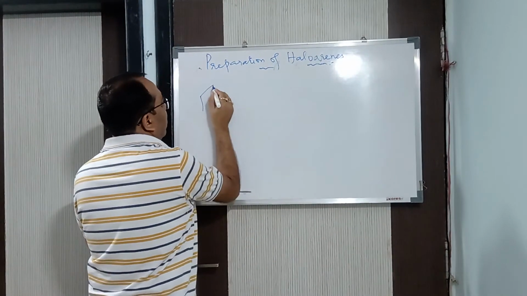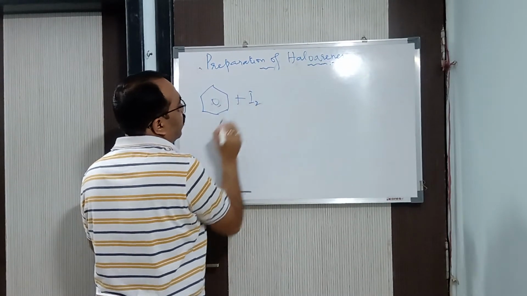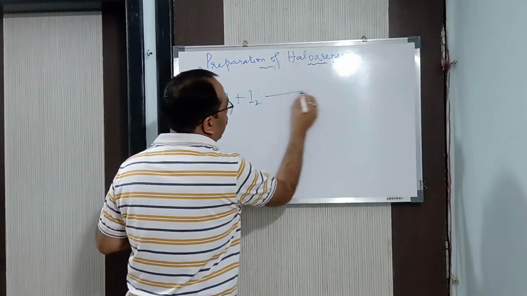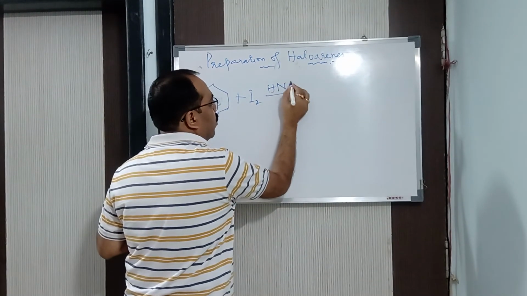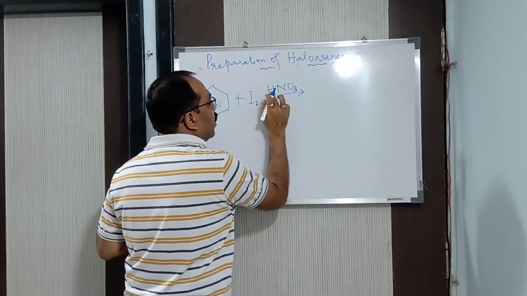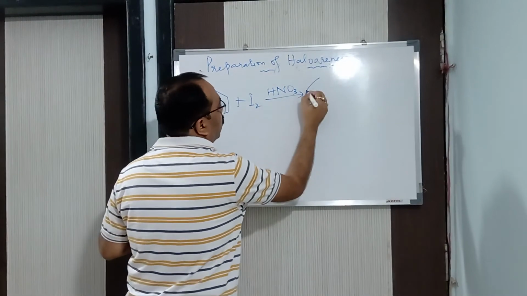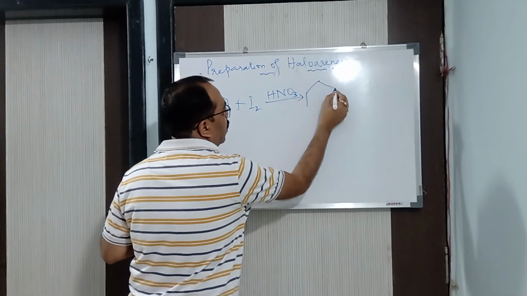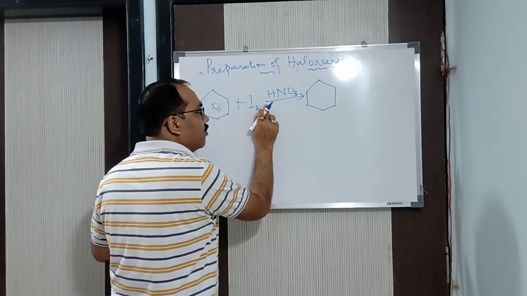If I want the reaction to be irreversible, I have to use an oxidizing agent, like HNO3 or HIO3 or HgO, any oxidizing agent. This makes the reaction go in the forward direction only. If I don't take it, it becomes reversible.